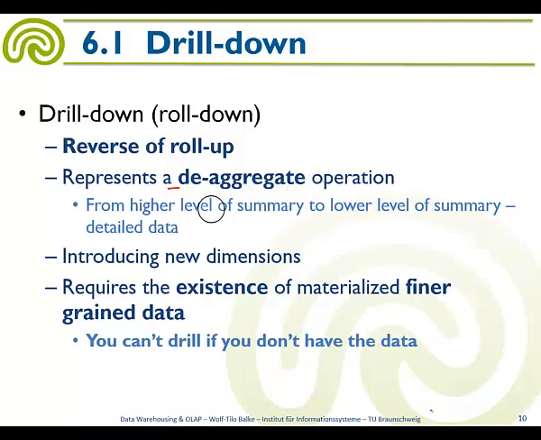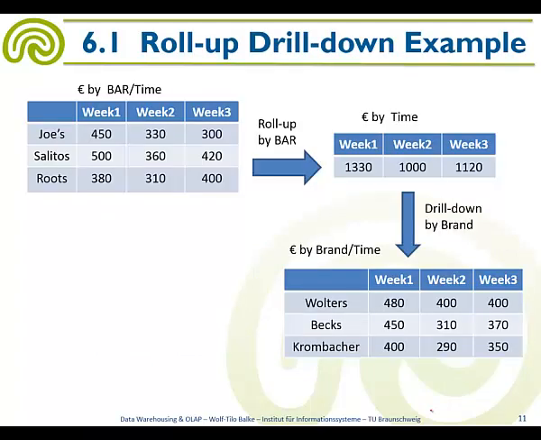Example for the drill down. So for example, here we have 3 shops, and we have the time dimension. So this is the time dimension over here, and this is like shops. So you can say, okay, I'm owning 3 shops, Joe's, Salitos, and Roots, right? And I can see what they actually do. So let's roll it up and see what I earned each week.